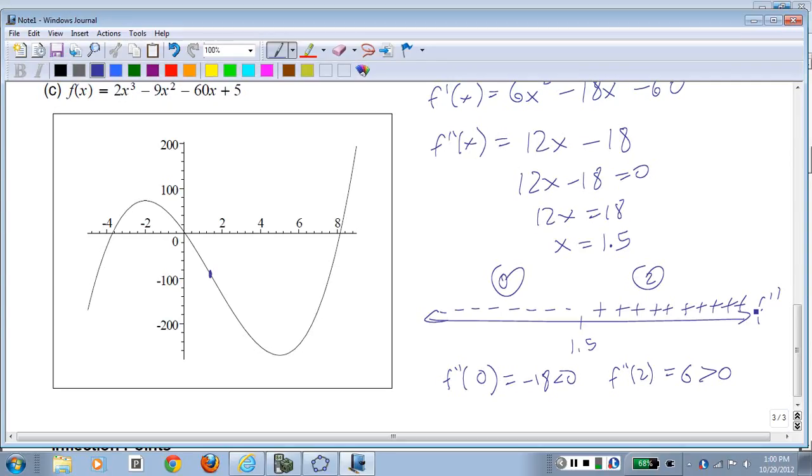Where we get the minuses for the second derivative, the original function f is concave down, and where we get the pluses, f is concave up. So what's the interval where it's concave down? Negative infinity to 1.5.